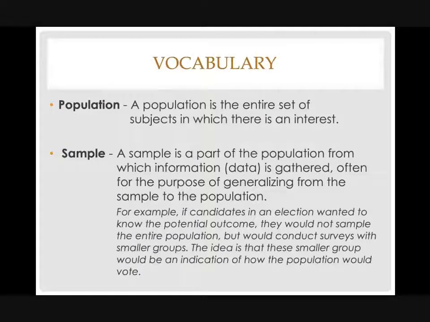And here's an example. Let's say that candidates in an election wanted to know the potential outcome. They would not sample the entire population, but would conduct surveys with smaller groups. The idea is that these smaller groups would be an indication of how the population would vote.